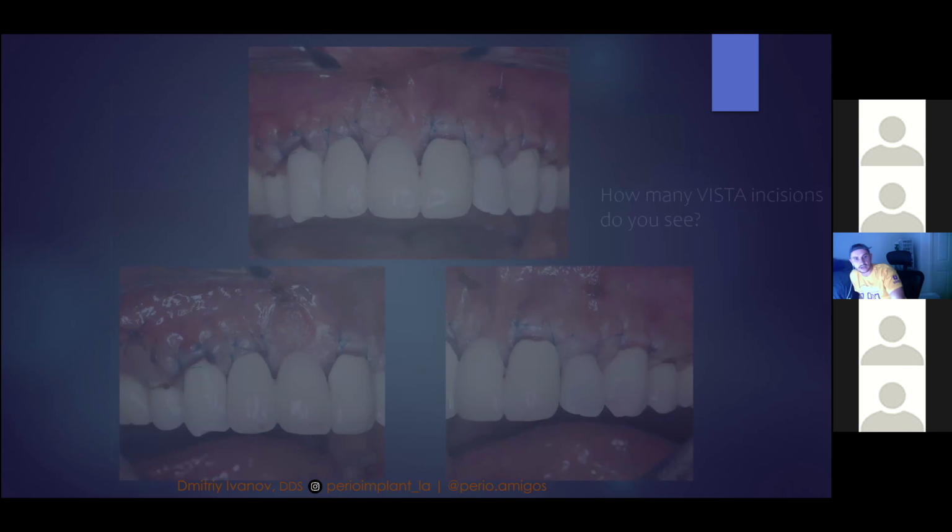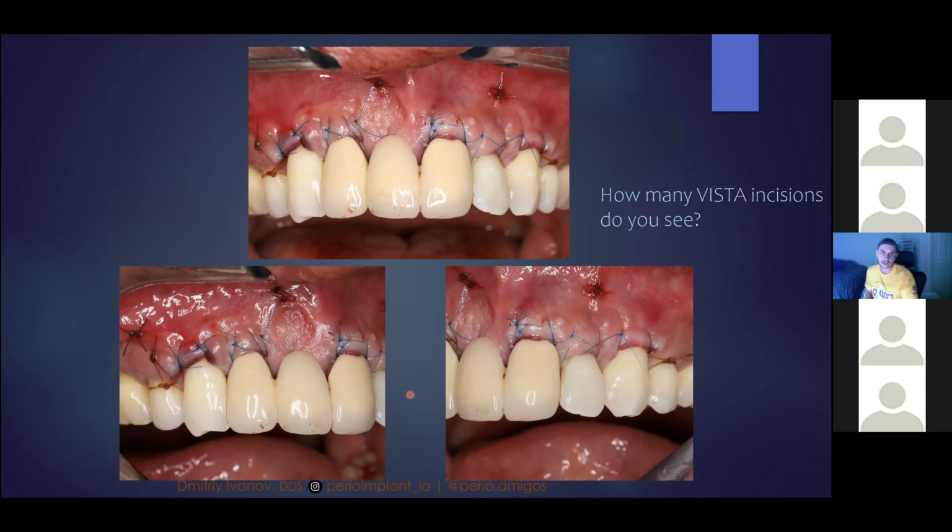We would create a vestibular incision. I made, I think, 2 or 3 vestibular incisions here. I think there's one right here, there's one at the midline, and there's one a little bit laterally. It doesn't matter how many you create. Whatever allows you to tunnel distally, whatever allows you to release tissue, you could put 2 more if you wanted to, if that helps you, right?